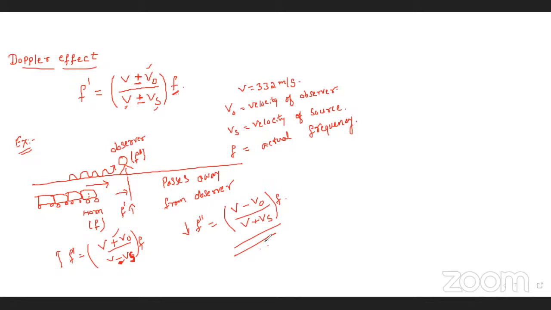Clear? You have to be very careful. If the observer is at rest, then you have to take the velocity of the observer as zero.